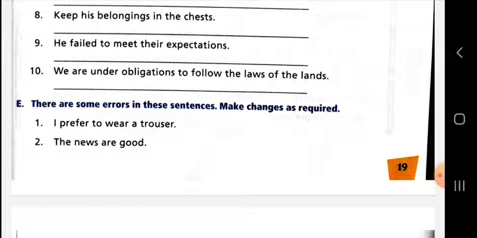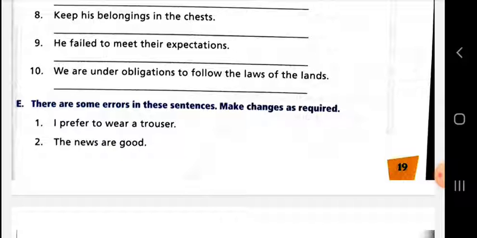Exercise E. There are some errors in the sentences. Make changes as required. So you will see the sentence and change wherever it is required. I prefer to wear a trouser. Here the word a trouser is wrong. You will write here, I prefer to wear trousers.